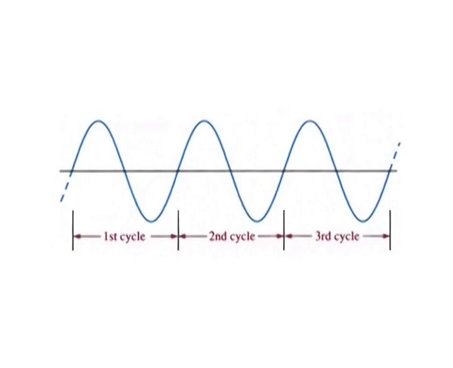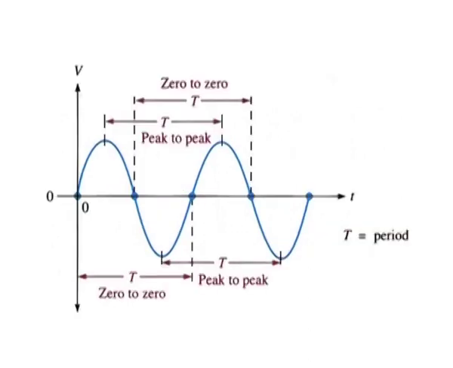Since all cycles of a repetitive sine wave are the same, the period is always a fixed value for a given sine wave. The period of a sine wave can be measured from a zero crossing to the next corresponding zero crossing. The period can also be measured from any peak in a given cycle to the corresponding peak in the next cycle.